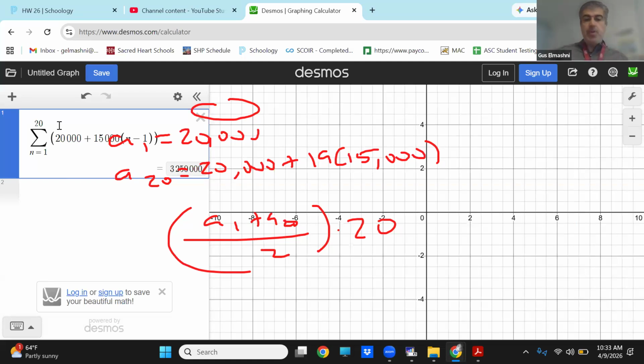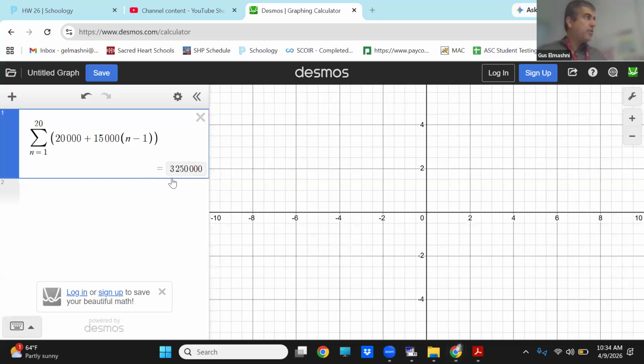When n is 2, then you want 35,000 to be the next term, right? You have to do n minus 1 because you're only applying the common difference 19 times, not 20 times. If you put n, it's not going to work, right? That's why we spent that time writing the formulas. So you do have to be mindful about that. Hope that makes sense. So the answer should be 3.25 million. Let me erase all the other stuff before.